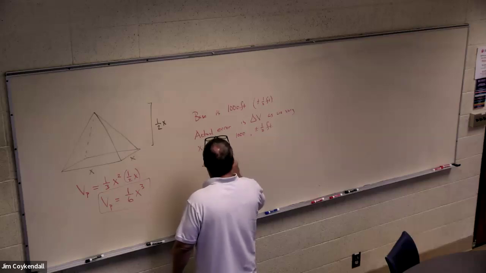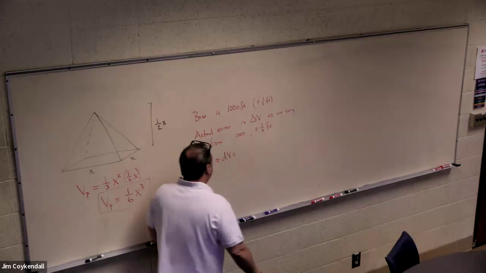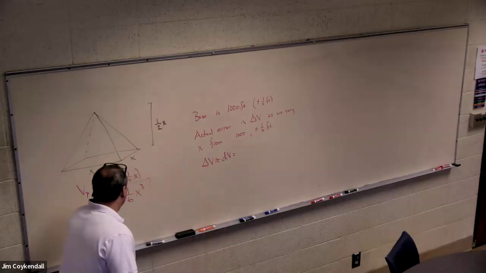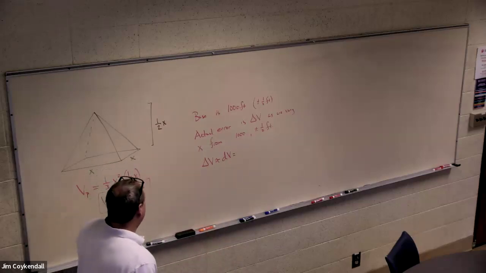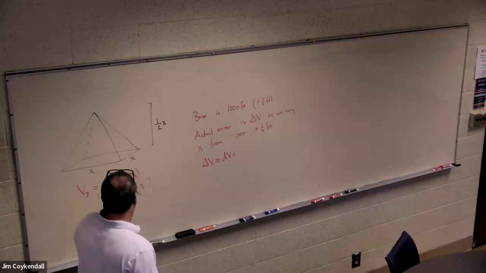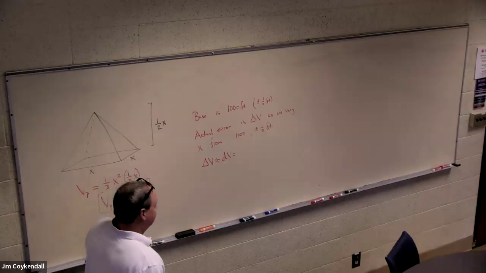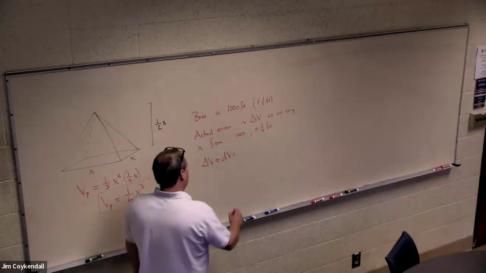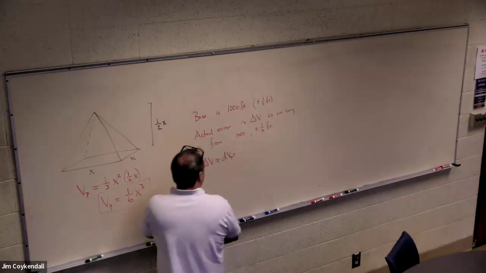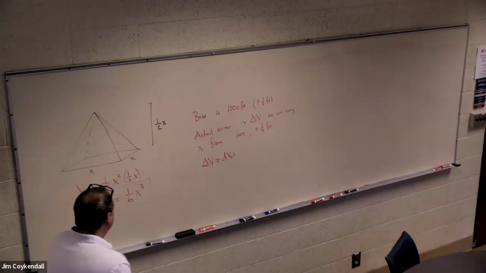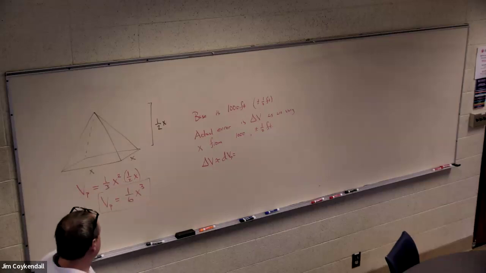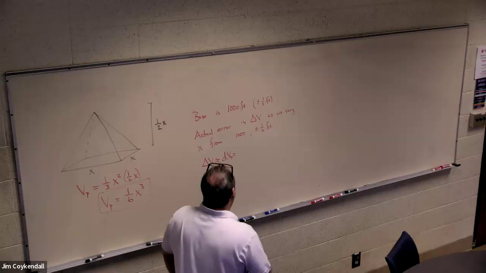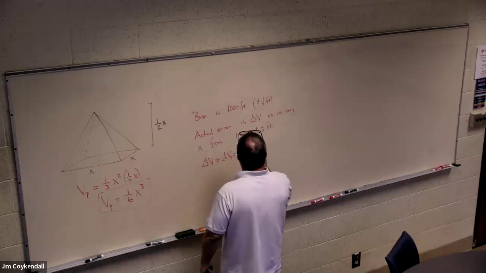And so we do this. What is dV in this case? A half x squared, that's right, that's the important piece.